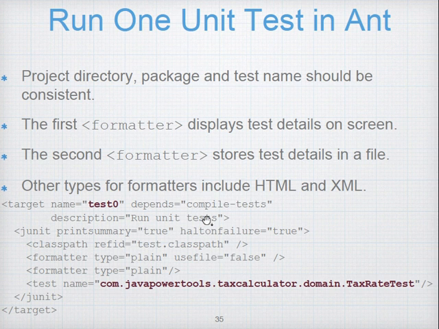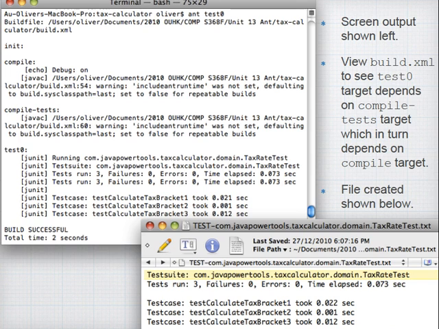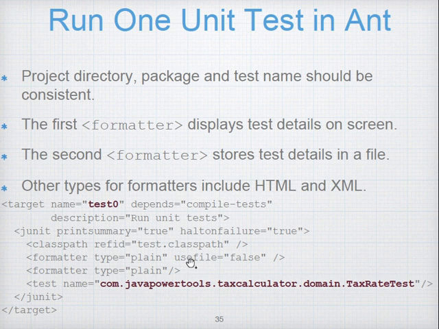So by doing this, I'm running the test. Oh, I have two lines here. One line shows the output on the screen, because use file is false, so the output will go to the screen.